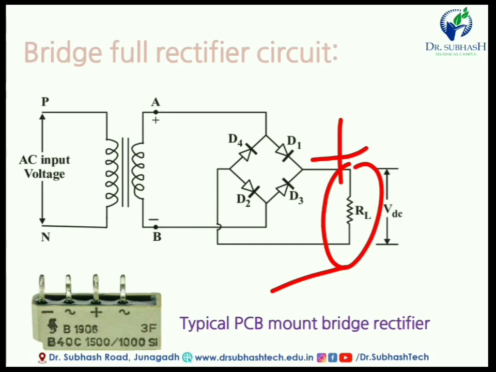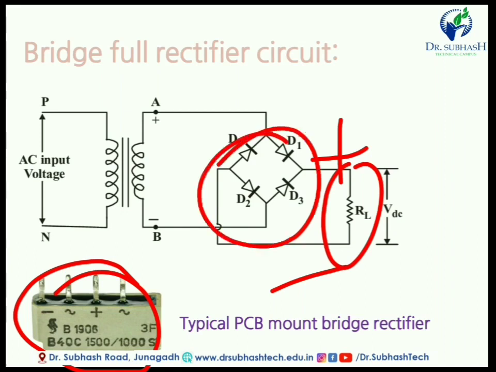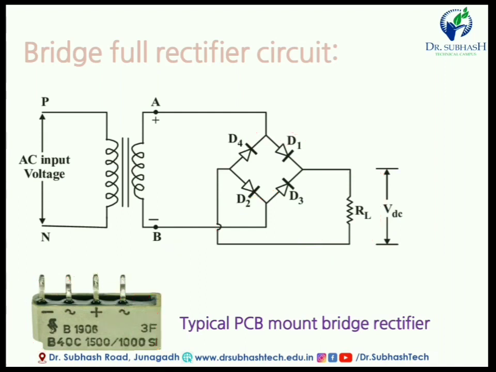So this is a basic chip. Inside this chip 4 diodes are present, and we can directly mount this device on a PCB, printed circuit board. So you can reduce the area, and there is no requirement of diode connections, because the diodes are inside this chip. So we can directly use this rectifier circuit.